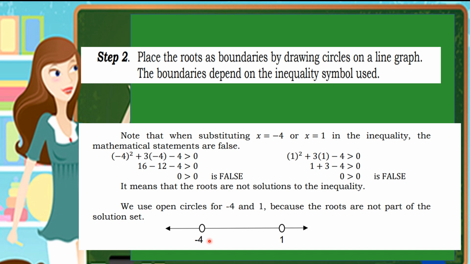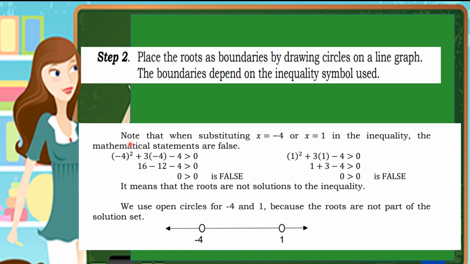Kasi circle indicates that the number is not the value of the inequality. Yon, tatandaan. Kapag circle, walang shade, tatandaan nyo yun ha. Ginagamit yon kapag ang ating ginamit na inequality ay greater than or less than. Kasi ibig sabihin nun, hindi kasali ito. Hindi ito kasali.